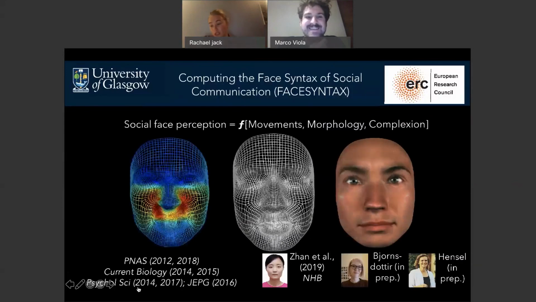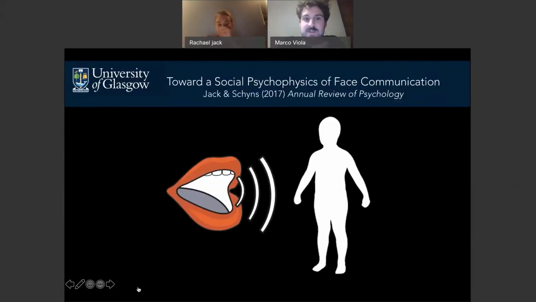It's important to point out that the method that we use here is a generic approach. So it can be applied in principle to any objectively measurable stimulus space. So here we've been applying it to face movements, action units, face shape, everything is measurable. But it can also be applied to auditory signals, so voice, for example.